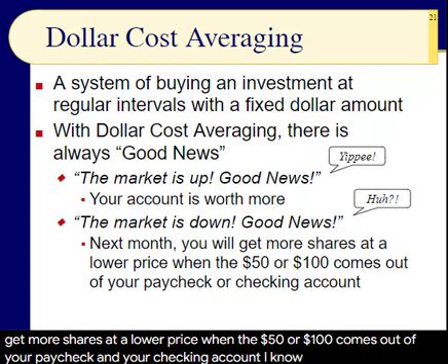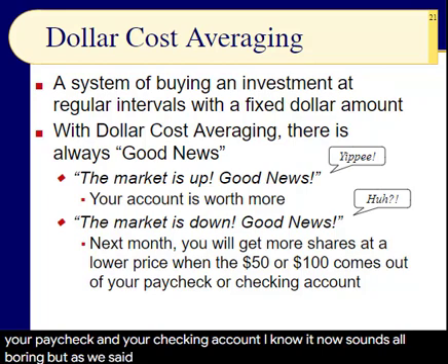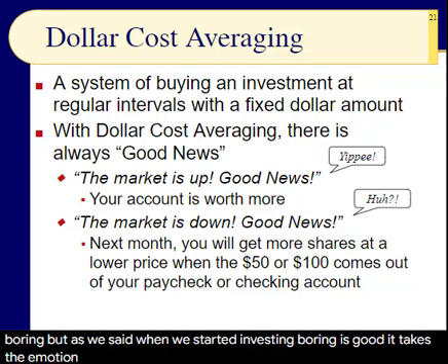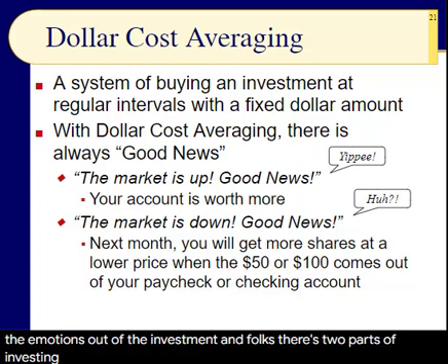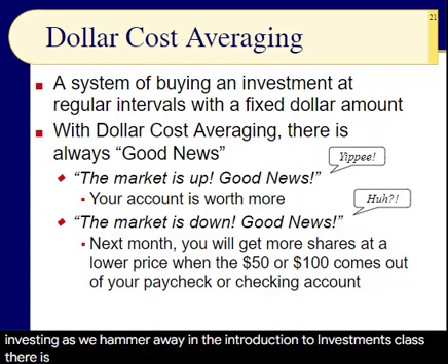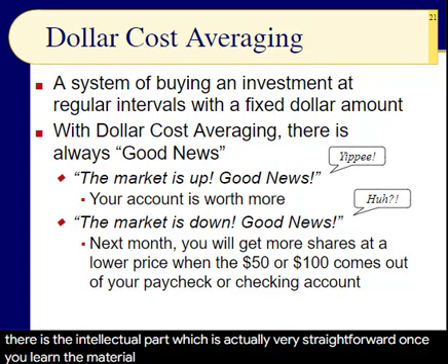I know it now sounds all boring, but as we said when we started investing, boring is good. It takes the emotions out of the investment. And folks, there's two parts of investing, as we hammer away in the Introduction to Investments class. There's the intellectual part, which is actually very straightforward. Once you learn the material, it's not that hard.